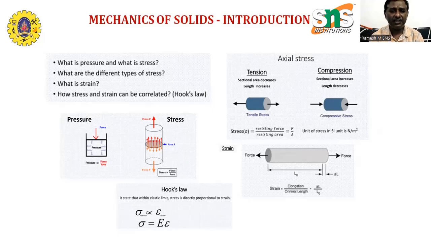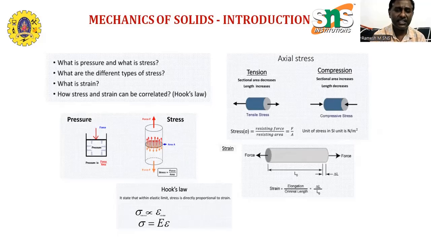For aluminium, Young's modulus is 70 gigapascal, but for steel it is 3 times that value, that is 3 into 70, around 210 gigapascal. So aluminium can easily bend, whereas steel cannot bend as easily. That is the significance of Young's modulus.